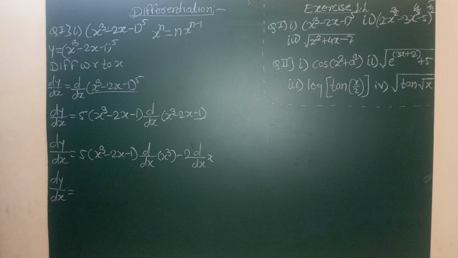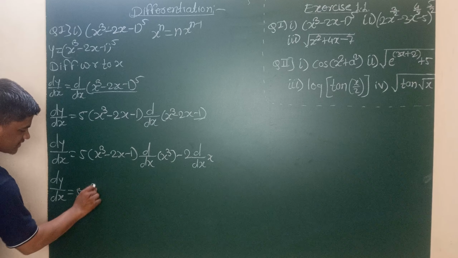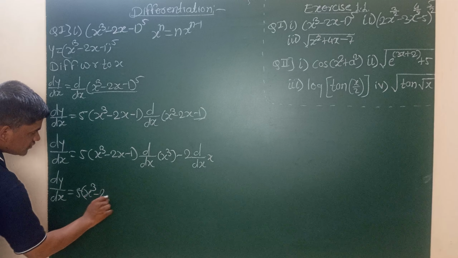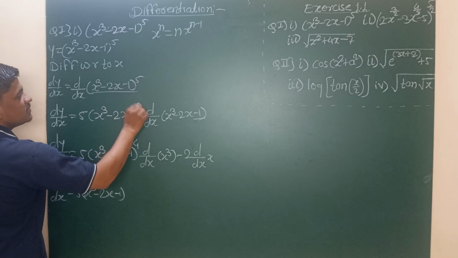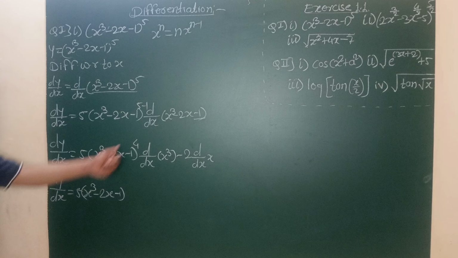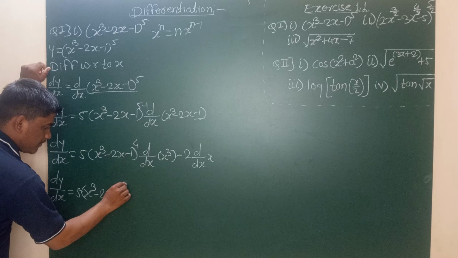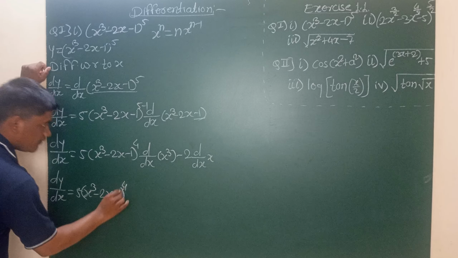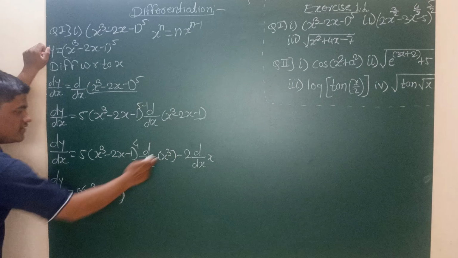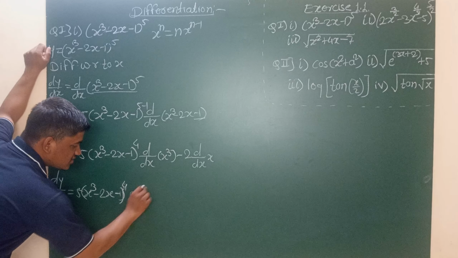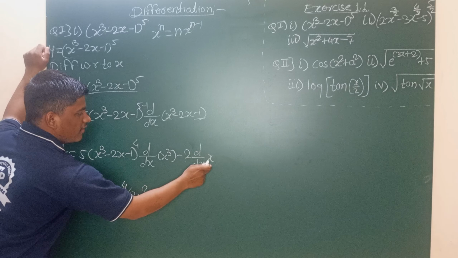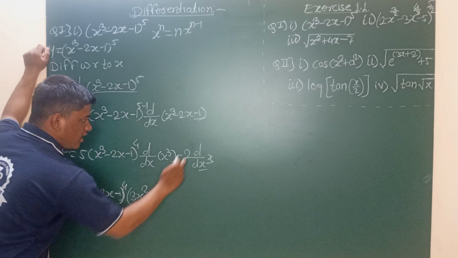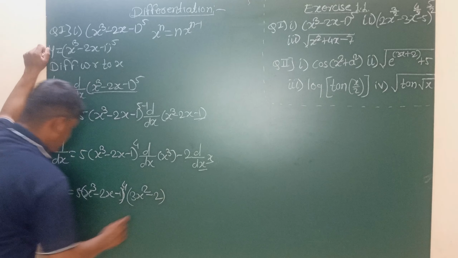That is dy by dx, which is equal to 5 into x cube minus 2x minus 1 raised to 4, and d by dx of x cube, that is 3x square, minus the differentiation of the function x with respect to x, which is 1, and 2 into 1 is 2.